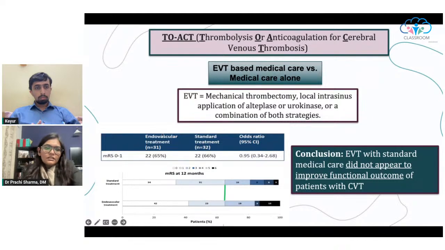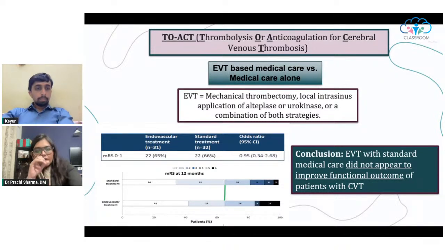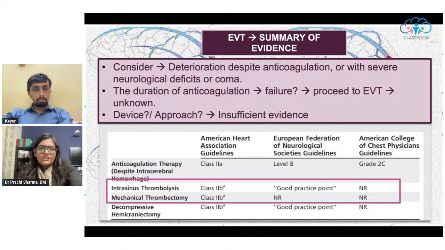They found that the proportion of patients who attained a good outcome in these groups was similar: 65% versus 66%. Also, there was no difference in the risk of mortality and the risk of hemorrhagic complications in both groups. Therefore, the conclusion was that endovascular therapies, compared with standard medical care, do not appear to improve the functional outcome in patients with CVT.